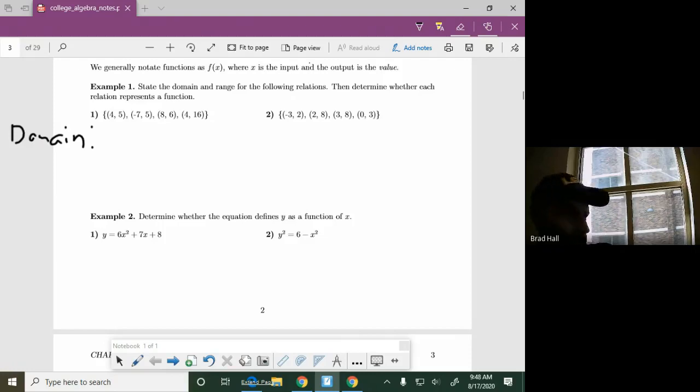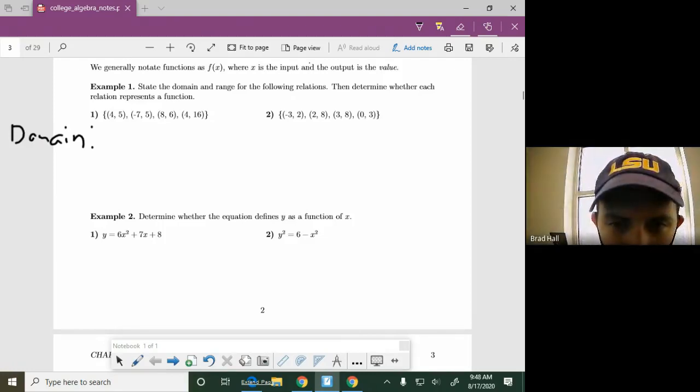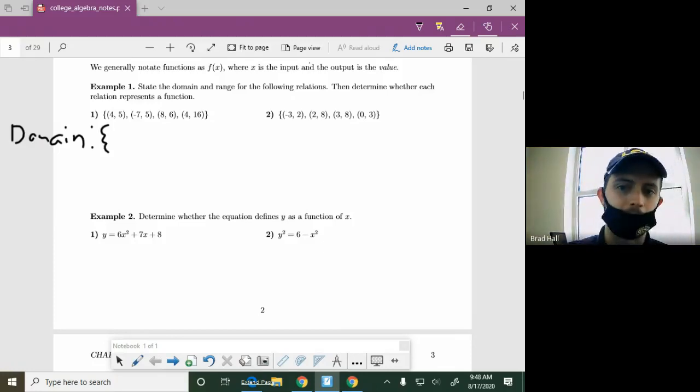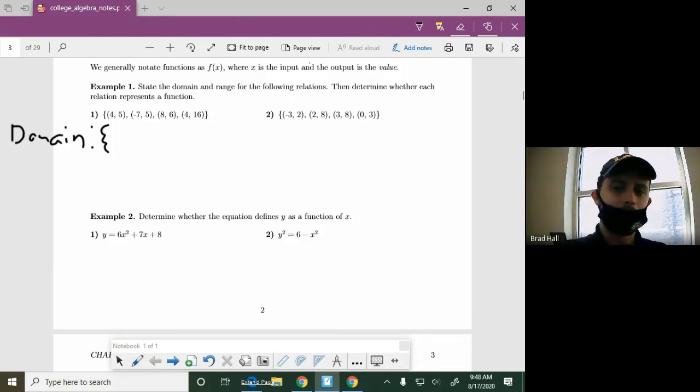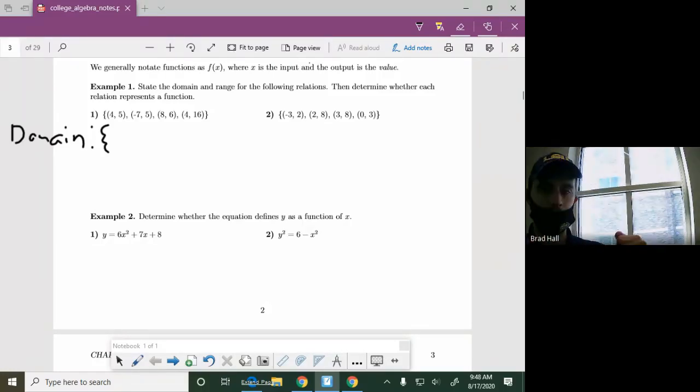Do we just list them? Well, really, yes, but we also use this curly brace notation. You can see an example of a curly brace right above it. With that, we're going to start listing off the x values. So that ordered pair of 4, 5.